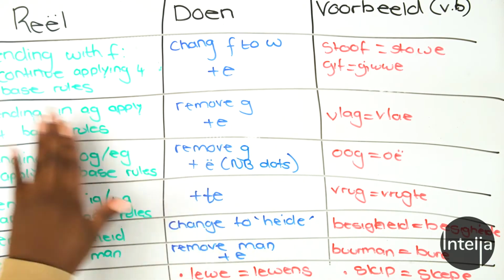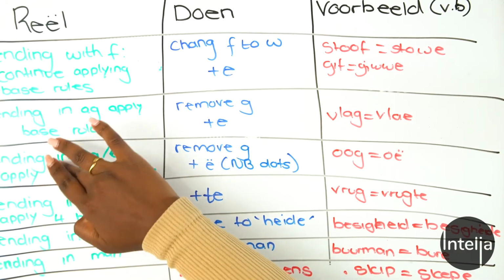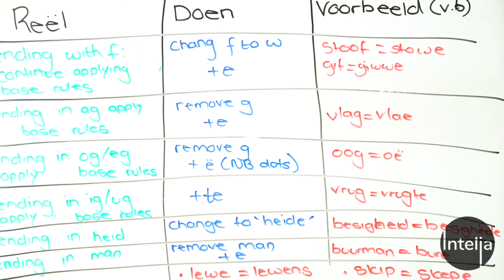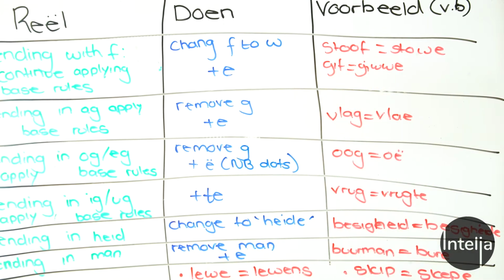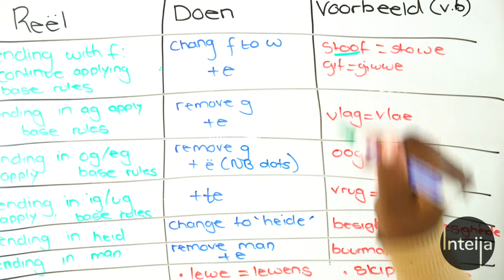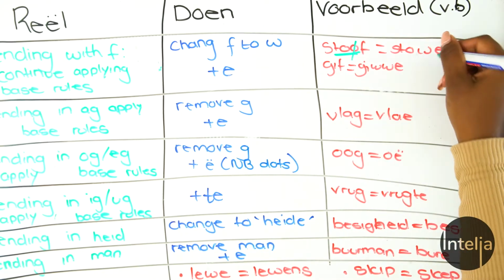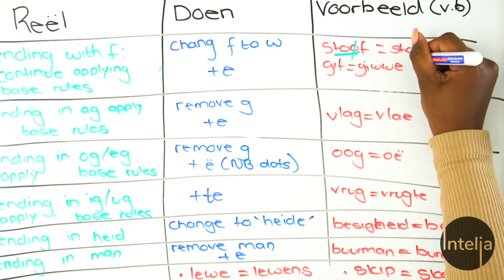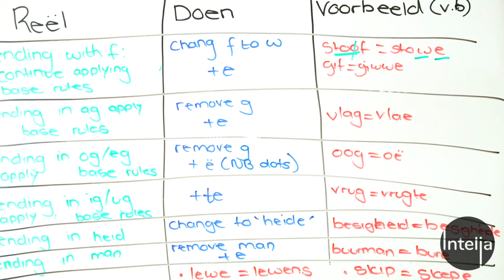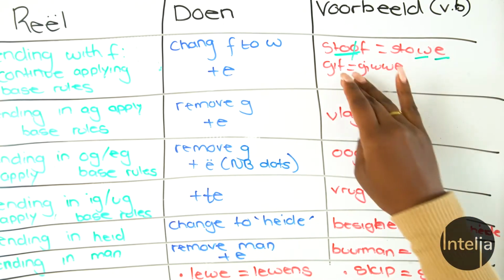What we mean by applying base rules is, for example, stof has a twin vowel. So we're going to remove one of them and add an E. But because it ends with an F, we have our W. Do you see how we applied one of our base rules to this?